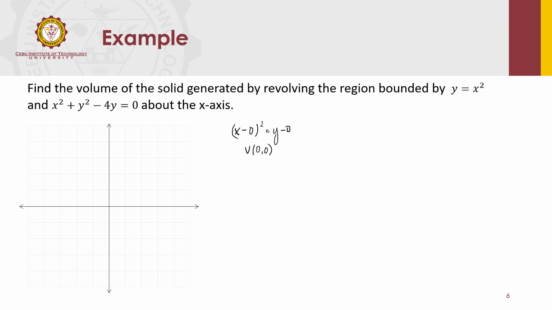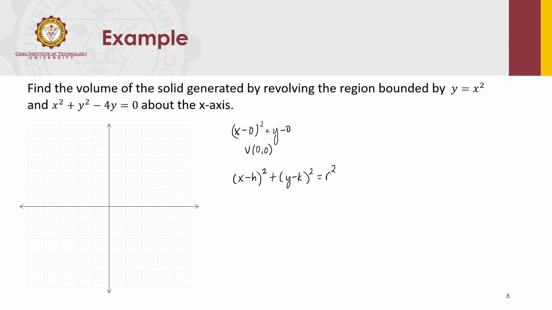So the second curve is a conic section and it's a circle since the coefficients of the x squared and y squared terms are the same and the operation is addition. The standard form for the circle's equation is (x minus h) squared plus (y minus k) squared equals radius squared.